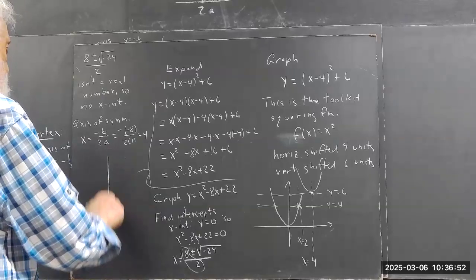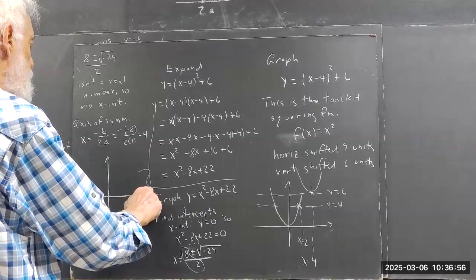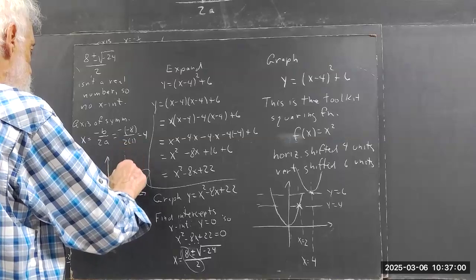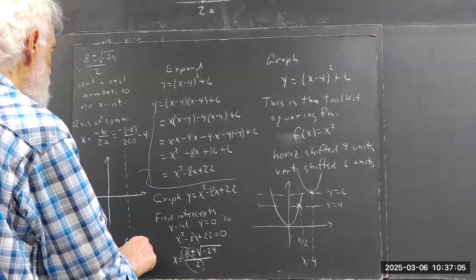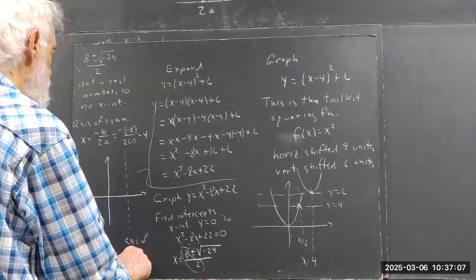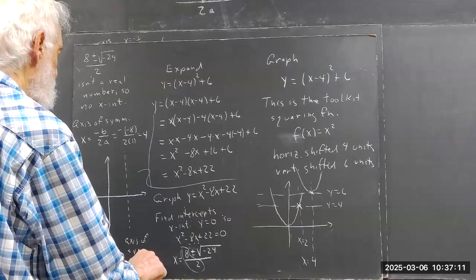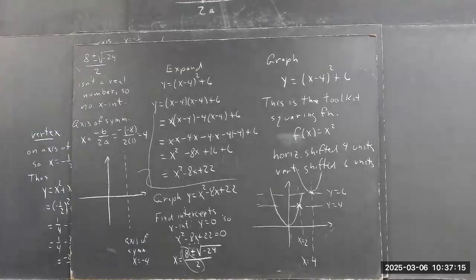So now we can do some graphing. Axis of symmetry is at x equals negative 4.